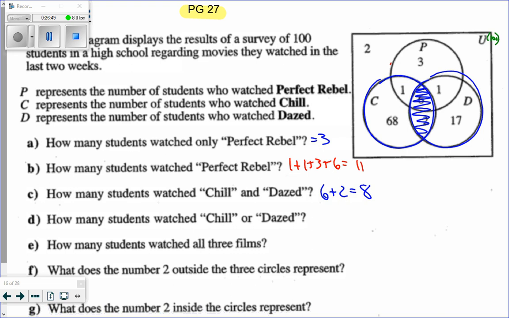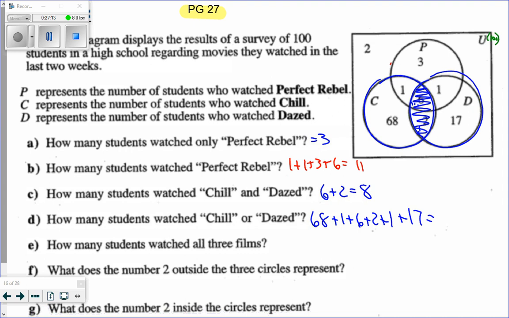How many students watched Chill or Dazed? So then you take all the numbers in both circles and add them up. So you'd add up all the numbers in the Chill circle plus the Dazed circle. Now, just to be clear, you don't add these numbers twice. You only add the 6 and the 2 once.